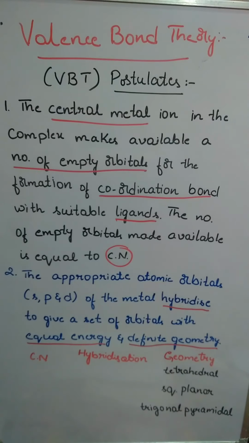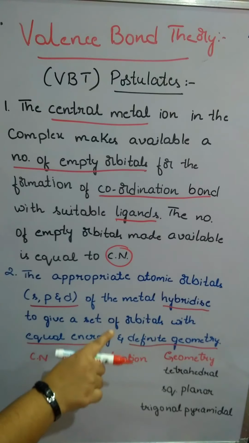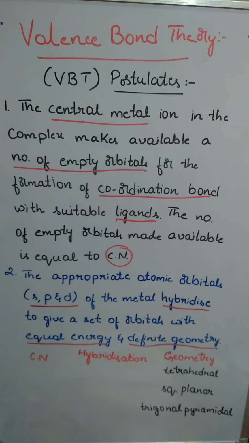For hybridization, the s, p and d orbitals will be involved. How many vacant hybrid orbitals should there be? It should be equal to the coordination number.